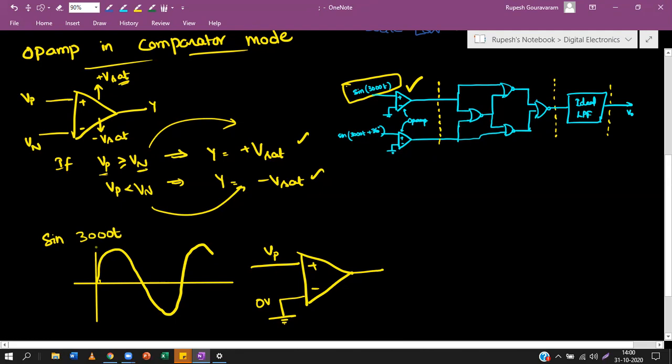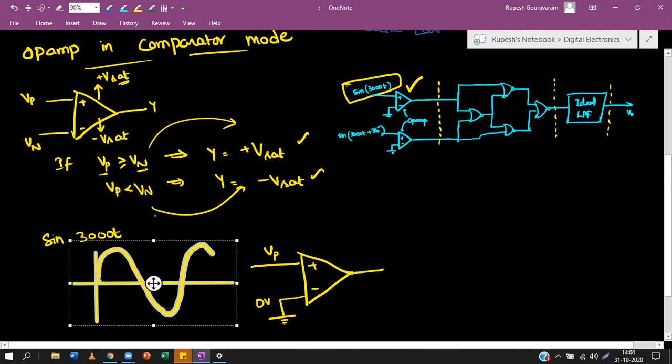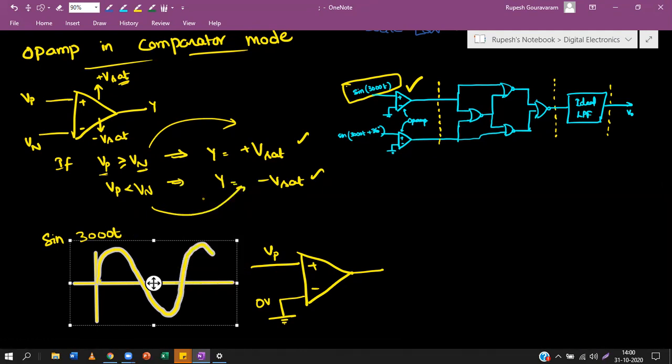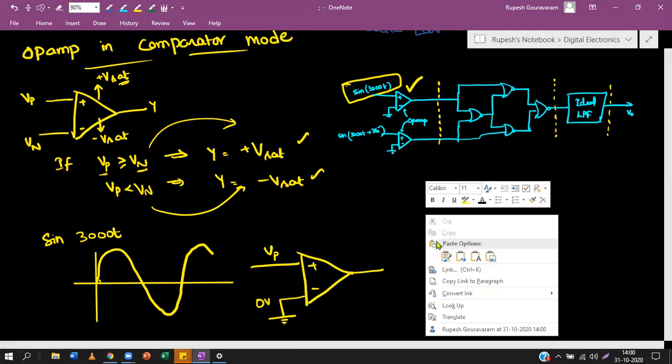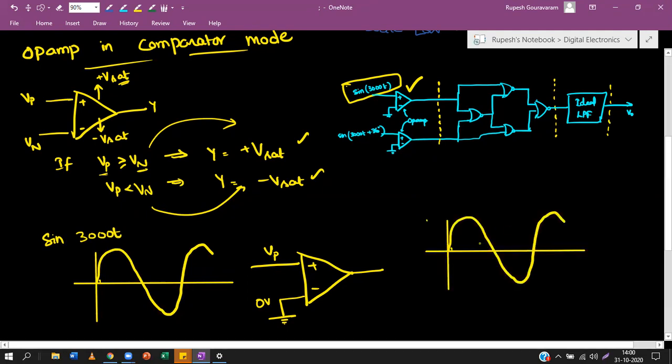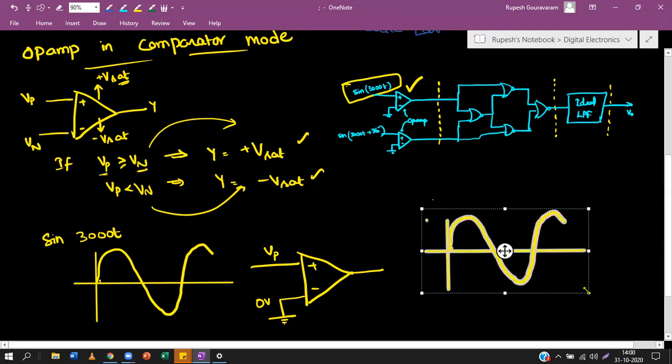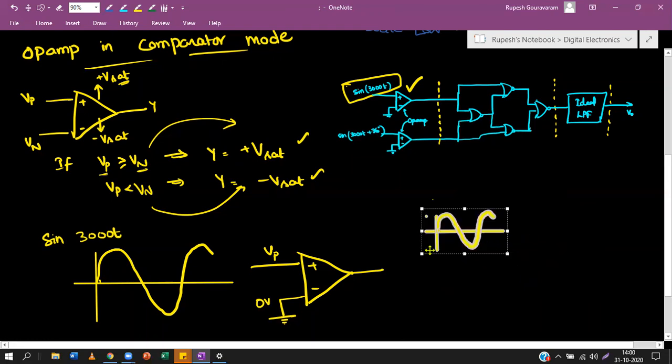If you take the same diagram, okay, so this will be like this.